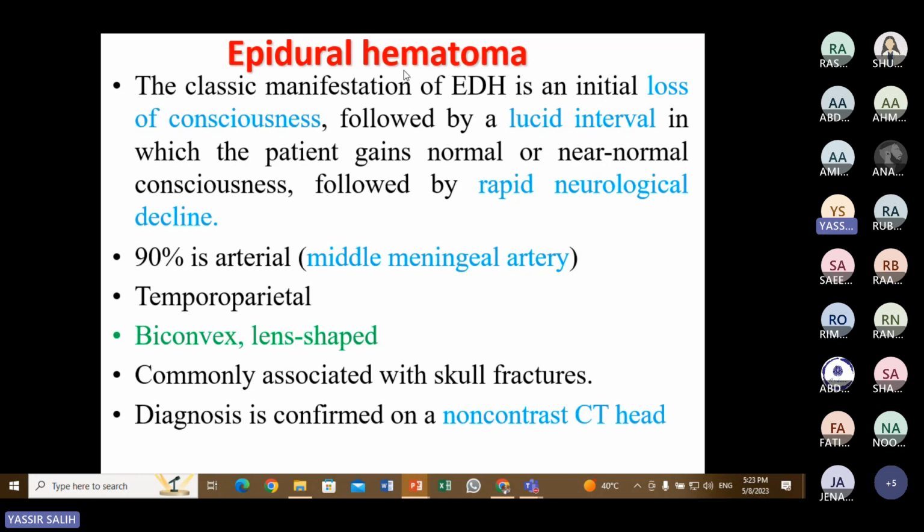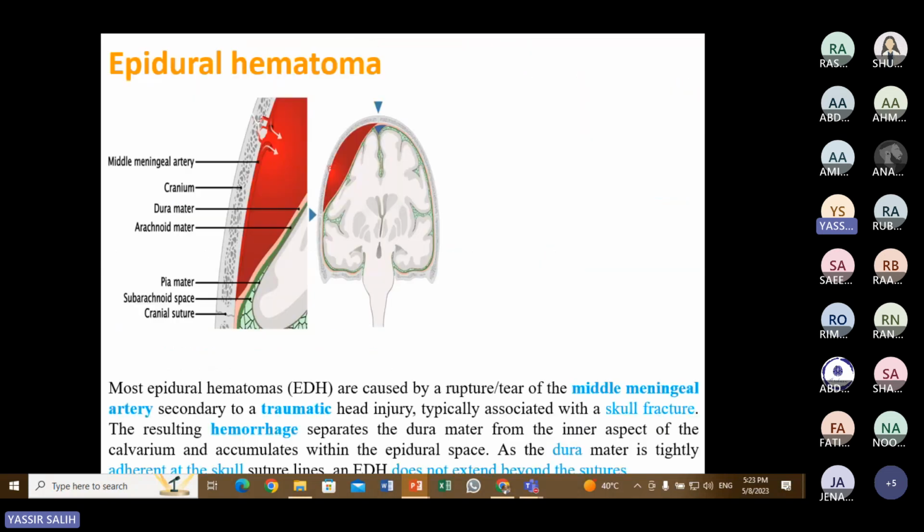The most common site may be temporoparietal. This is the most common site for epidural. It appears as biconvex or lens shape. Biconvex like this. يعني especially the inner margin بيكون convex, واصلا the other side in contact with the skull bone اصلا هو convex.